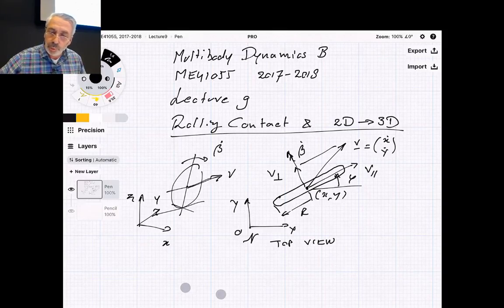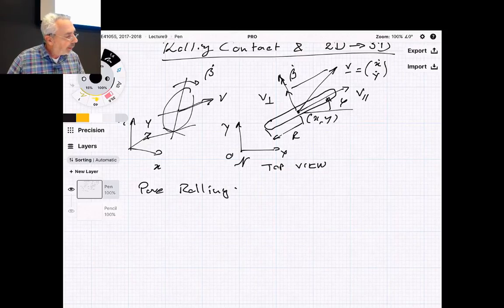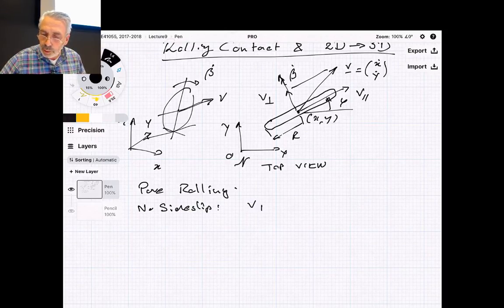So, for pure rolling, we can already write down what the conditions are. Let's start with no side slip, and that means that this v perpendicular should be 0. And we'll find out what exactly the expressions are.